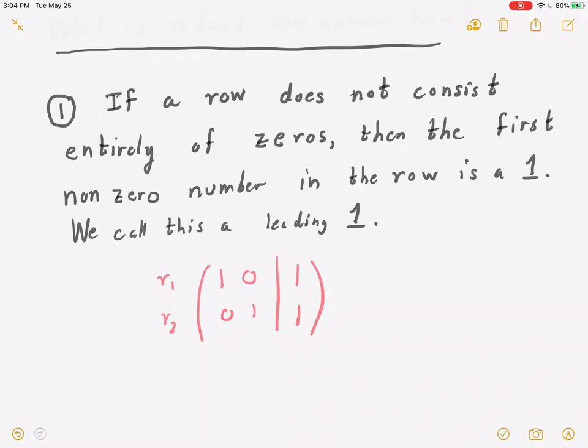So the first non-zero number in this row has to be 1, or the leading number or matrix element is 1, and this is a leading 1. So this meets this criteria. The second row does not consist entirely of zeros. So the first non-zero number in this row has to be 1. That's called a leading 1. And so what we obtained in the previous example certainly meets this criteria.